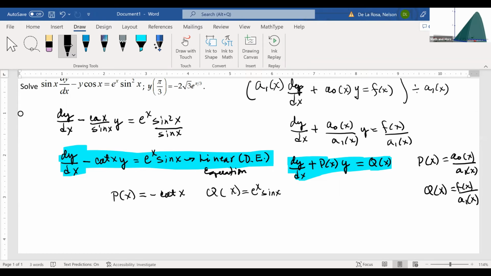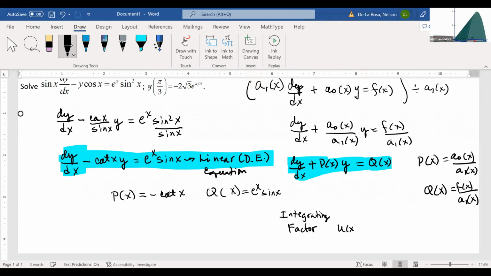Now we can compute the integrating factor for this linear equation.